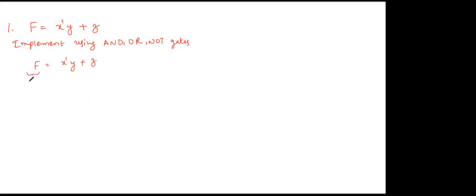Left side is the output of the digital device. Right side variables are inputs of the digital device.